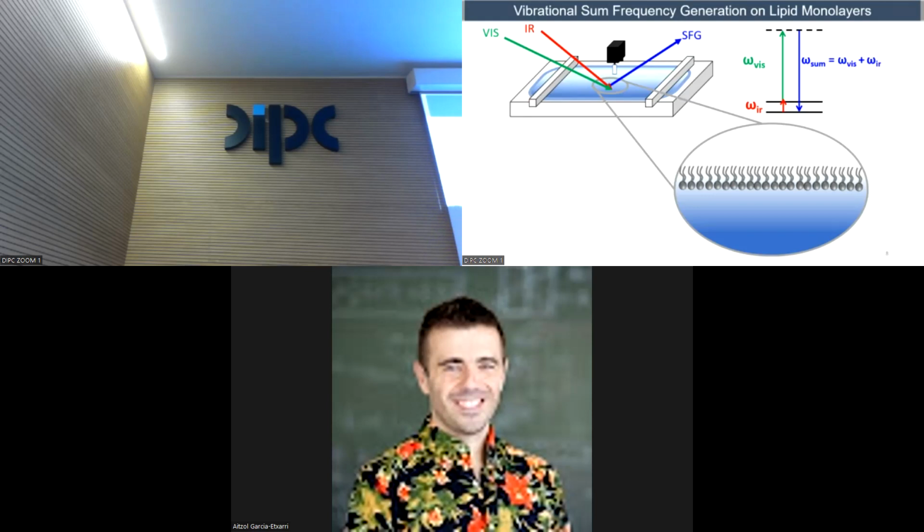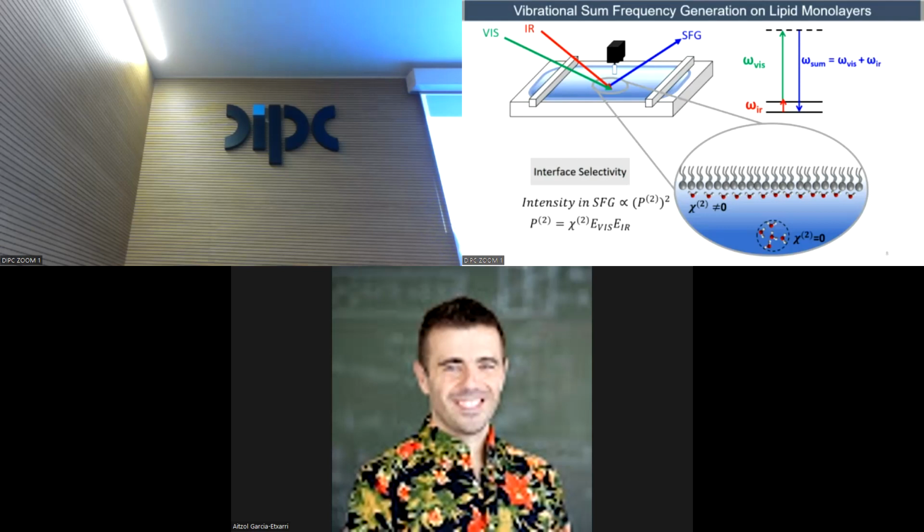Now, what is really special about the SFG technique is that it's inherently interface selective. This is because it is a 2nd order nonlinear process, and due to the symmetry selection rules, for any molecular vibration to be SFG active, it has to be present in a medium without inversion symmetry. We can take water as an example. Imagine water molecules in the bulk.